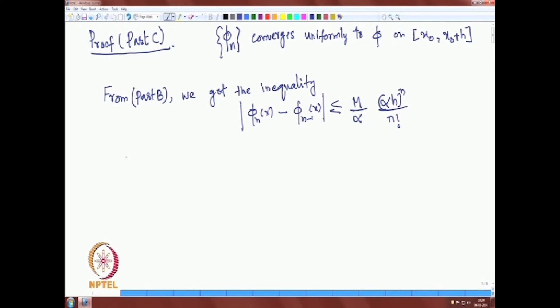Now, we consider the series of positive constants. If you look at the right hand side, we make a series of positive constants by using the right hand side.